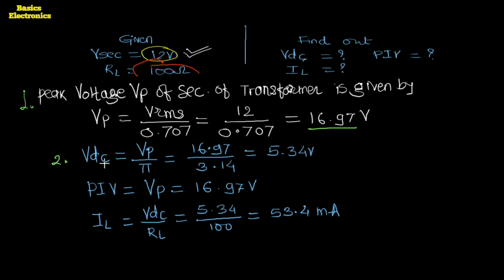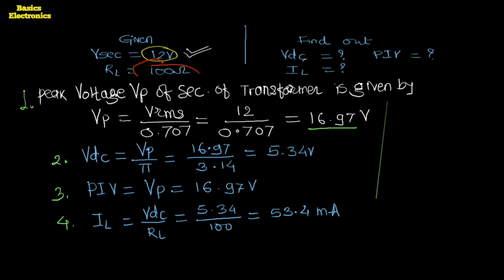Then the secondary voltage peak value is used to calculate the VDC given by Vp upon pi, and then we calculated the PIV rating of the diode, and after that we calculated the load current. This example may ask for 3 marks or 4 marks in your examinations.